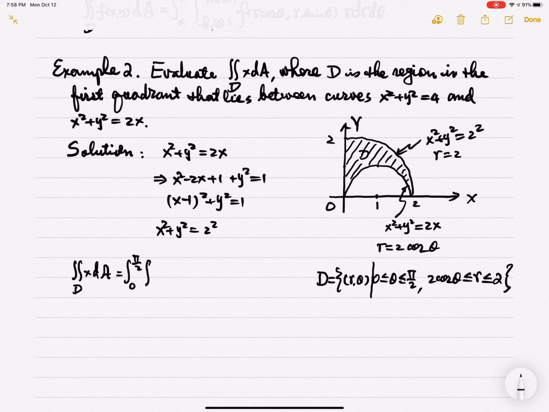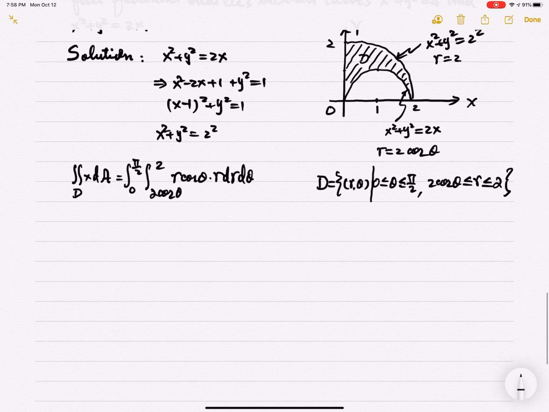That's D. Since x is equal to r cosine theta, and then r dr d theta, we need to put in the r d theta. So that's the integration.